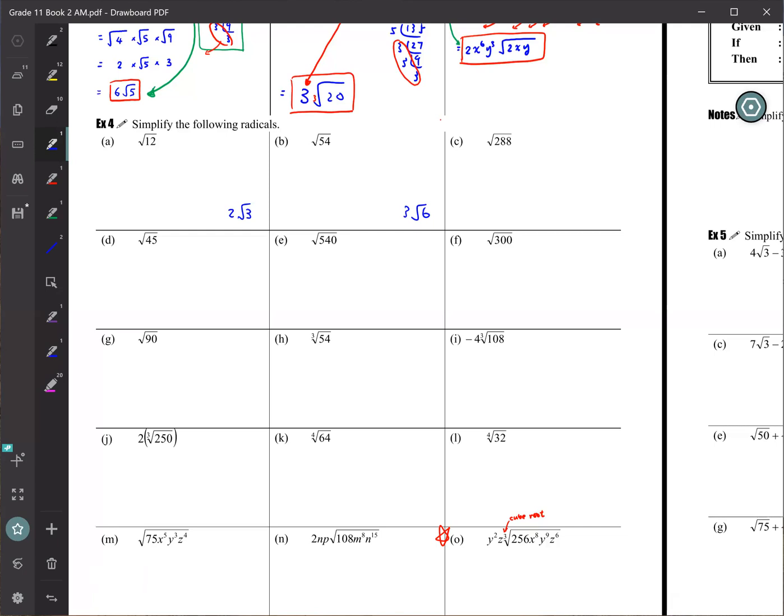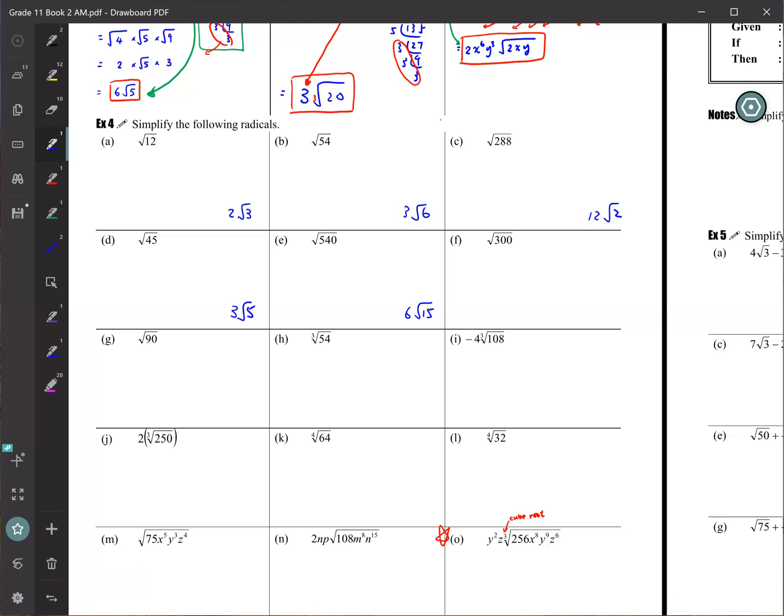C. 12 root 2. Okay. Eric? D. 3 root 5. Nathan? E. 6 square root of 15. Root 15. Yeah, okay.